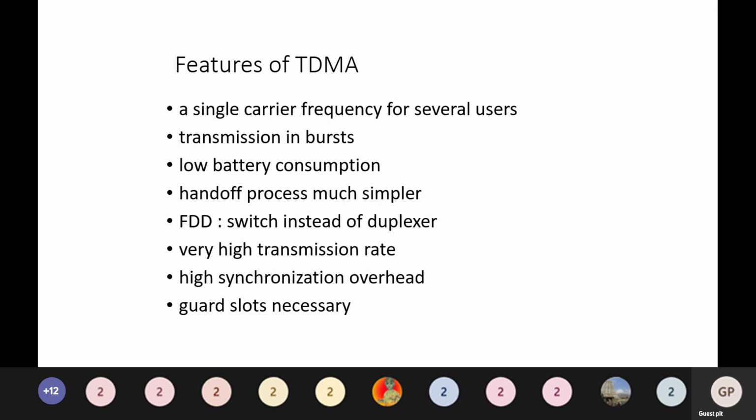The handoff process is much simpler, in the sense that a call is transferred from one cell to another cell. That is the handoff process.